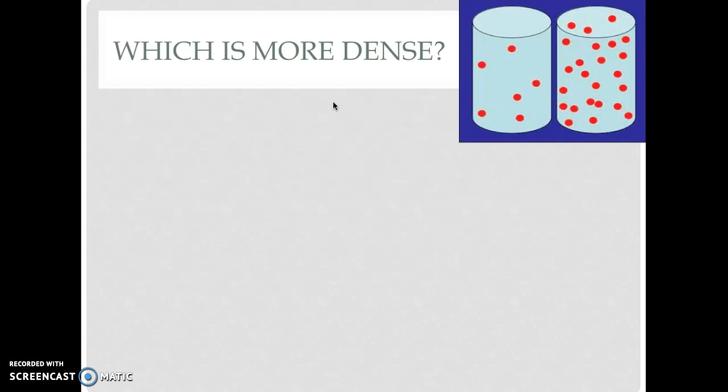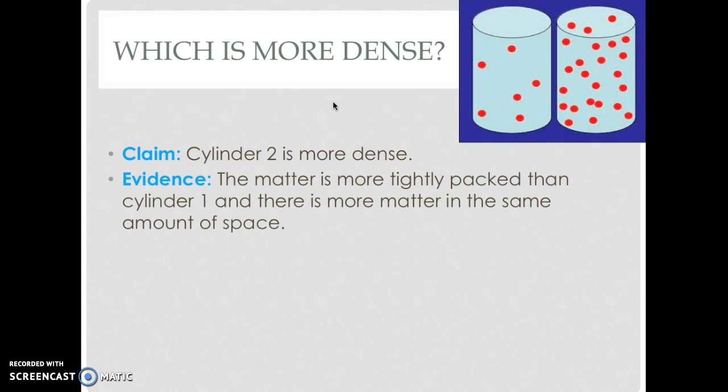Okay, now next, a little more. Which is more dense? So, claim: cylinder 2 is more dense. As we can see, the red dots are more in cylinder 2 and fewer in cylinder 1. And evidence: the matter is more tightly packed than in cylinder 1, and there is more matter in the same amount of space. We can see both cylinders are the same size, but here they are very tightly packed and here they are very loosely packed.